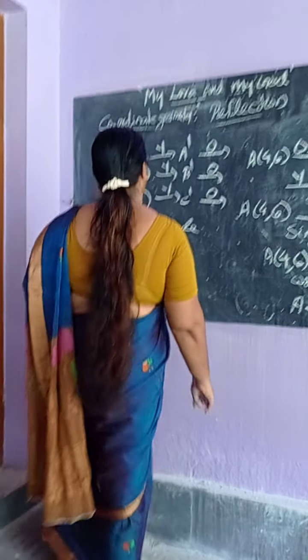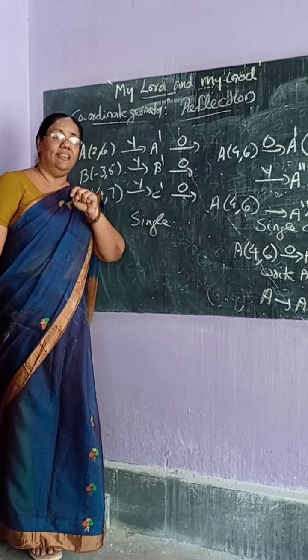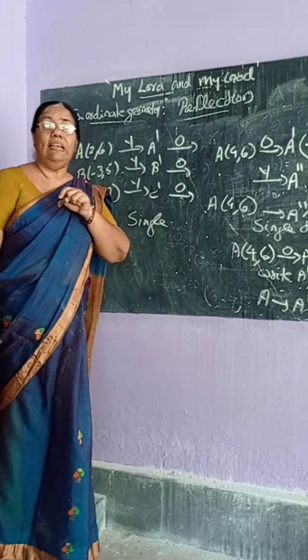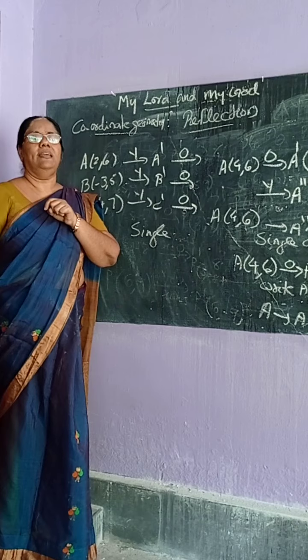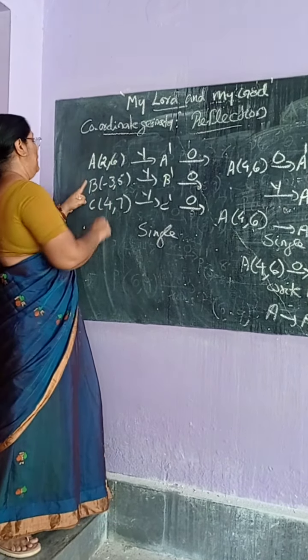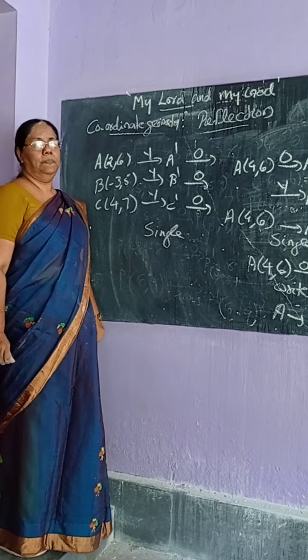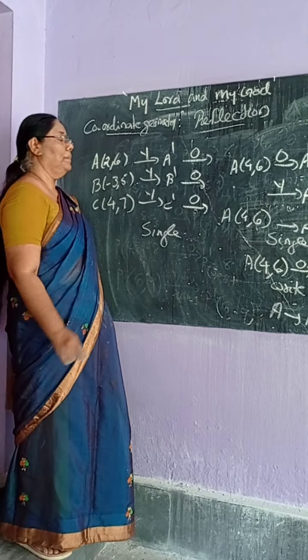Then write one more question. The starting is like this. In a triangle ABC, A (2, 6), B (-3, 5) and C (4, 7).